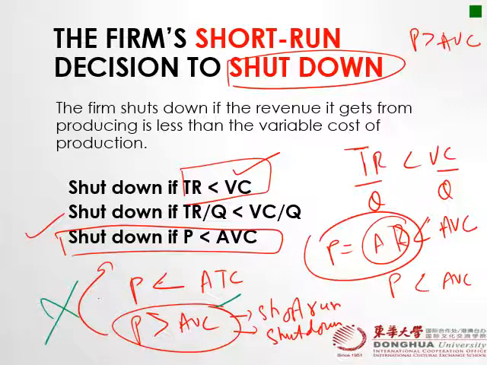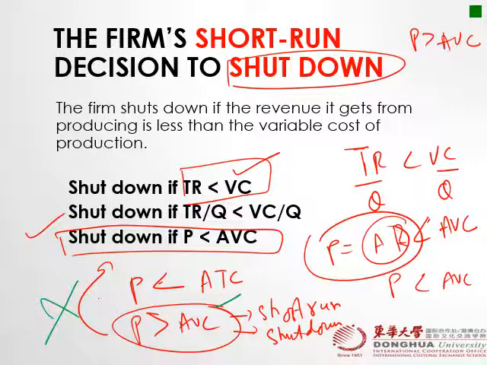This condition is derived from this formula. We know that P times Q is our revenue, and if we think about the average, then average revenue is less than average variable cost, and we know that in a competitive firm AR is equal to P, right?